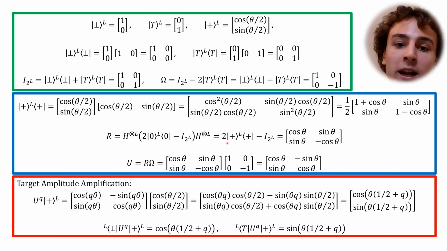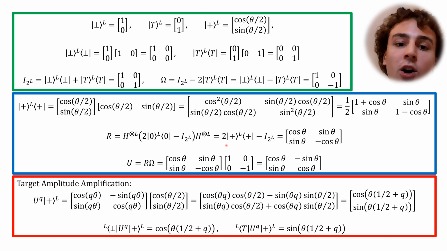Now that we have this more concise form, we can identify two parts. We can identify the identity operator, which we have already constructed the matrix representation for in the green box, and we can also identify this ket bra of the plus state, and we have the matrix representation over here. Now this factor of 2 is going to cancel with this factor of 1/2, and then we're just going to have to subtract the 1s off the diagonal, because here we have the identity matrix.